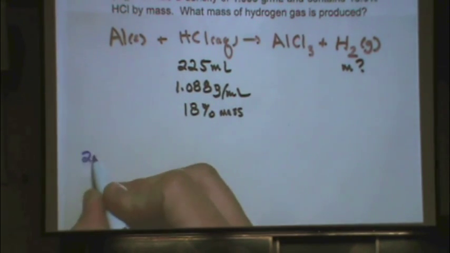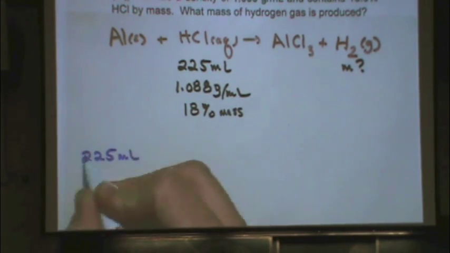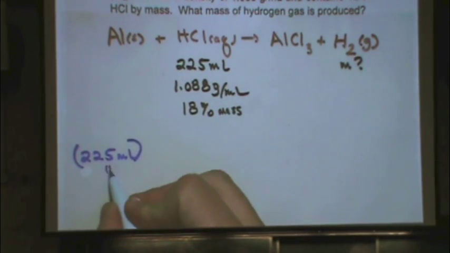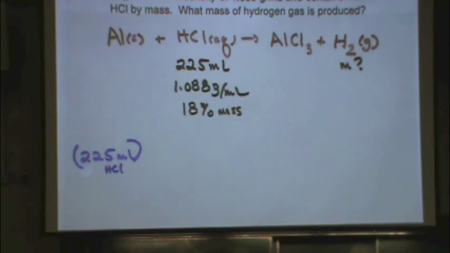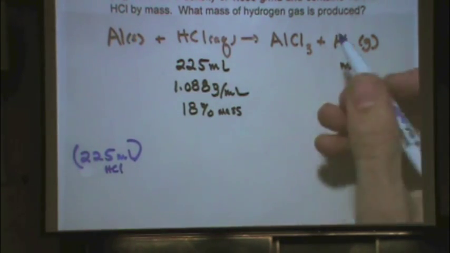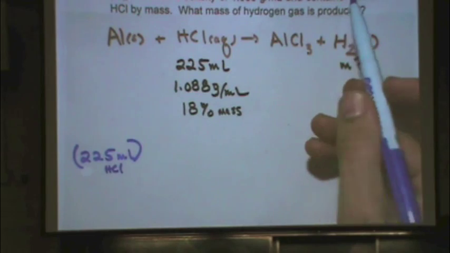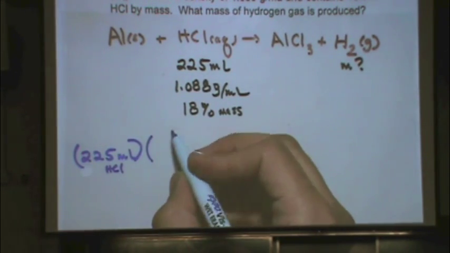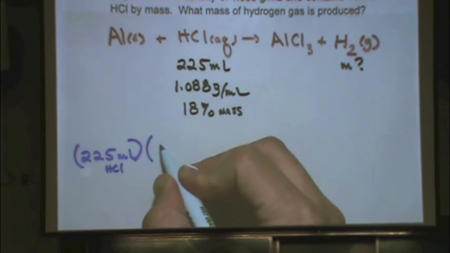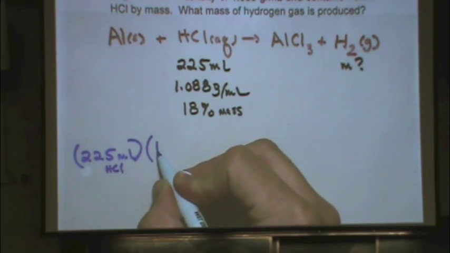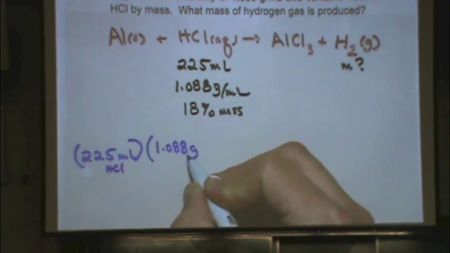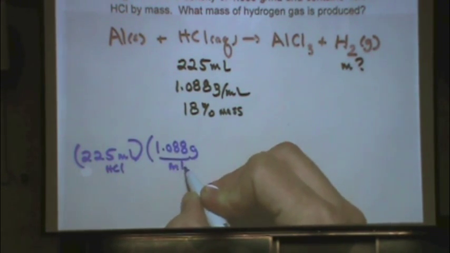I would start off with 225 milliliters. Okay, and that's of HCl. Now what I'm going to do is multiply by the density, 1.088 grams per milliliter.